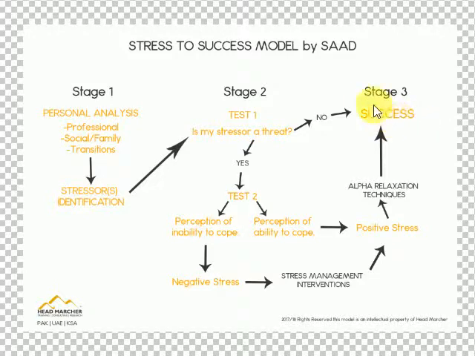Now guys, that was the three parts of our stress to success model, which was done by myself. And if you have any questions about this model, we'd be proud to give you any answers about this model. This model can be used by professionals, can be used by individuals if they want to get better at stress.